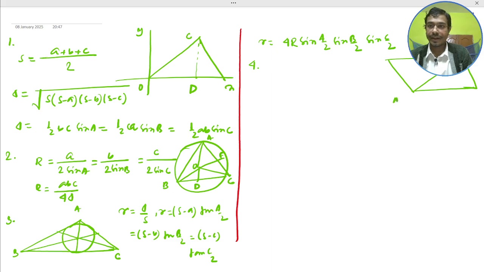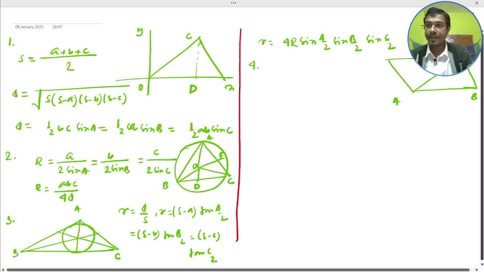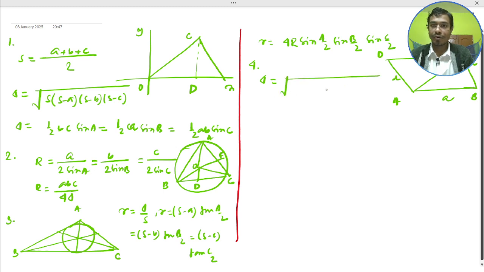This is A, B, C and D. The area Δ, we have known, is the square root of (s - a)(s - b)(s - c)(s - d), and 2s is equal to a + b + c + d.